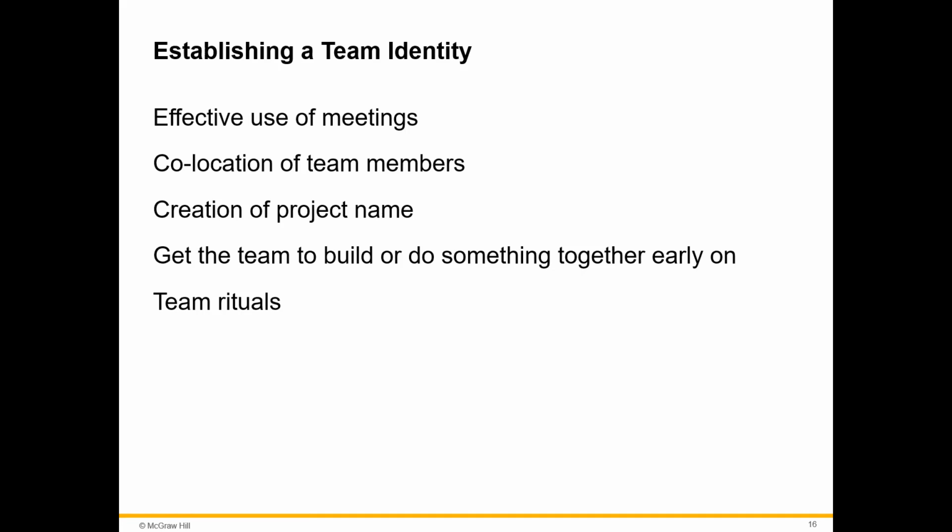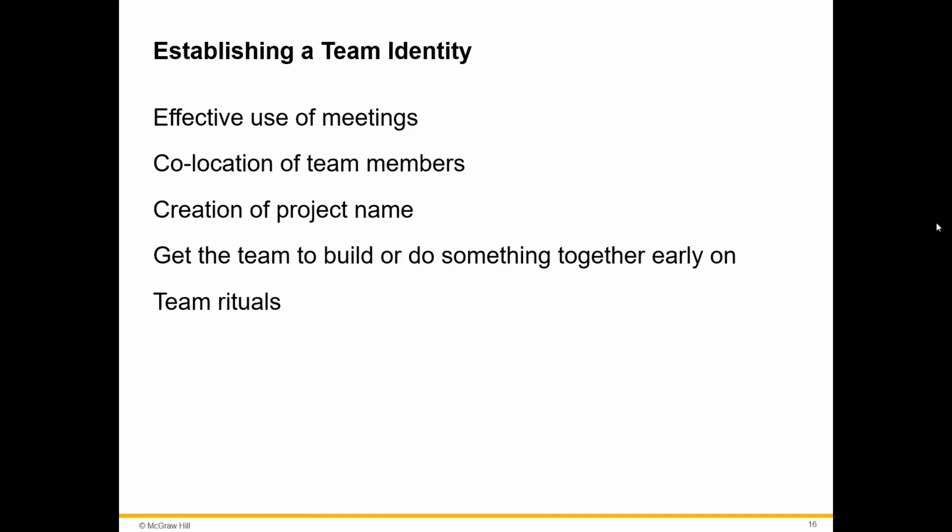Co-location of team members should be important. Create a project name, a title, maybe cool team names. And that's why when we created a project norm, one of the things that we did is create a project name for you guys. When we created a project name, we created the creation of your team.